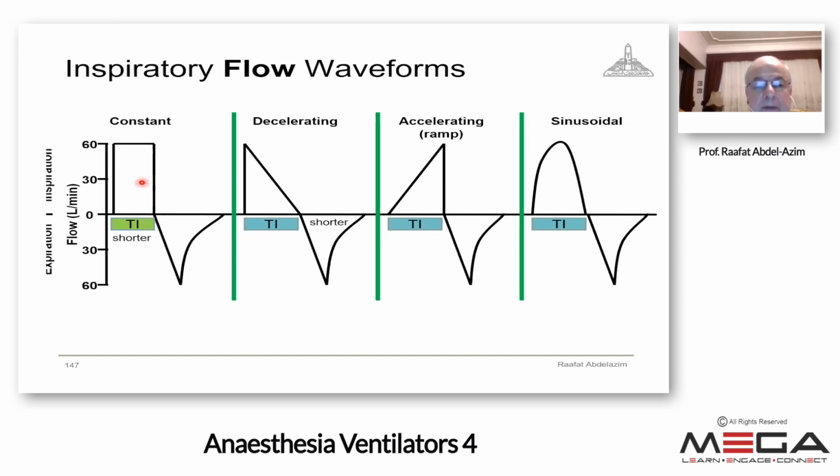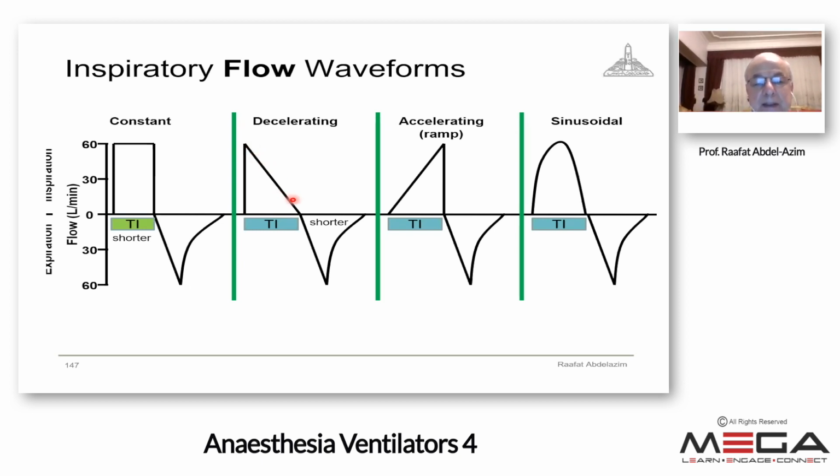If the ventilator flow is monitored during pressure control ventilation, the waveform of inspiration is decelerating. Decelerating means it reaches its peak, then during the whole inspiratory time it will go down, down, down.